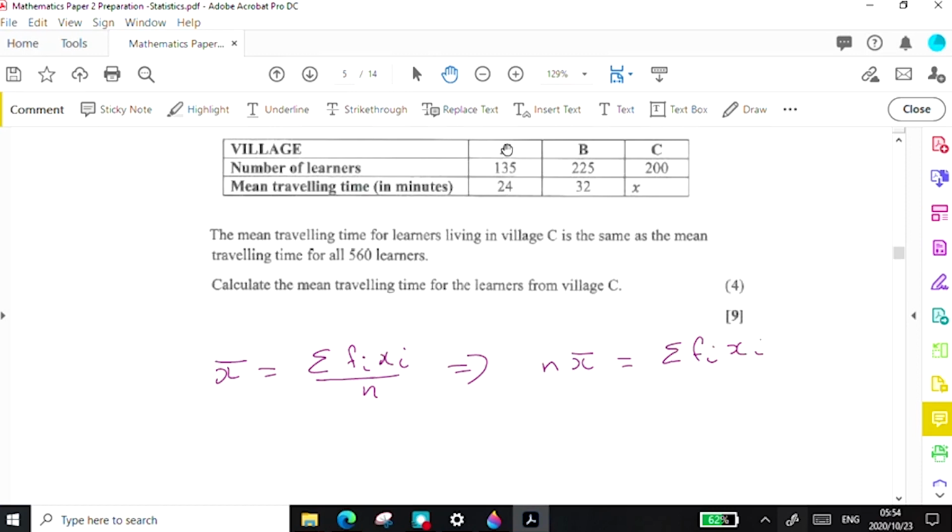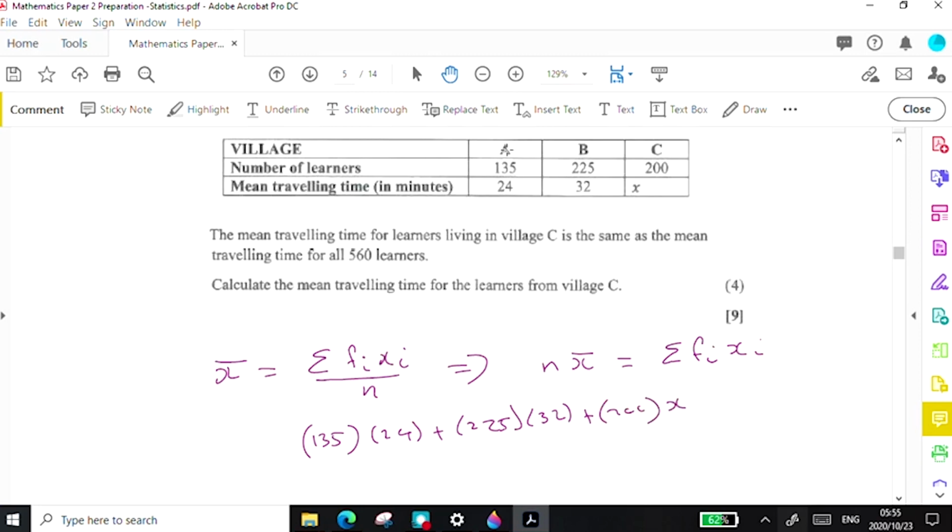So starting with A, I'll say n, which is 185, multiplied by X bar, which is 24, plus n 225 times X bar, which is 32, plus n, which is 200, times X bar.